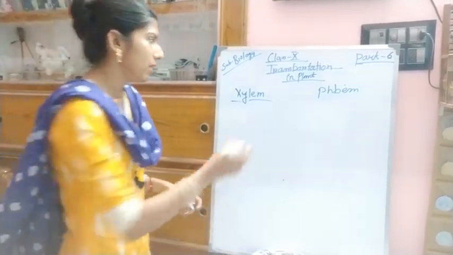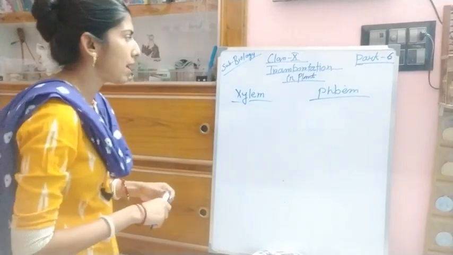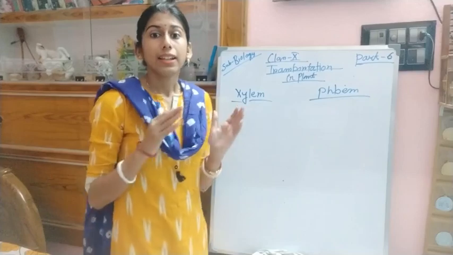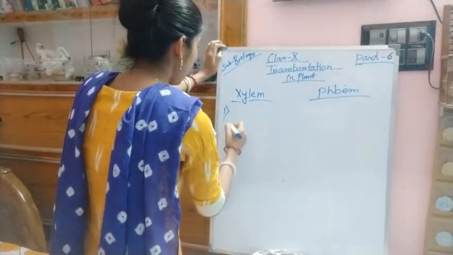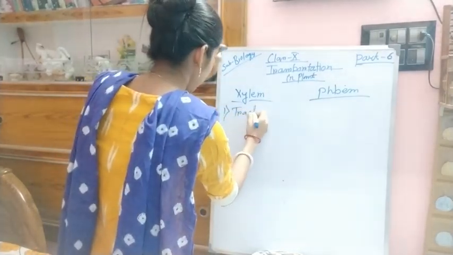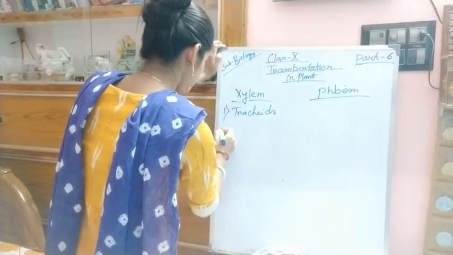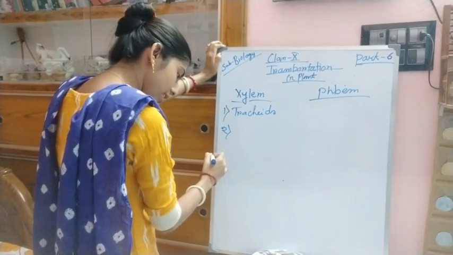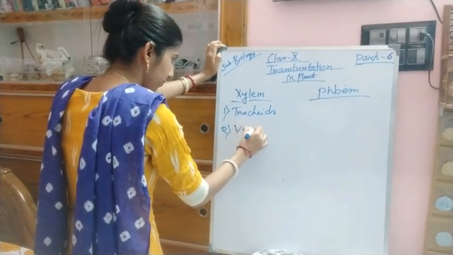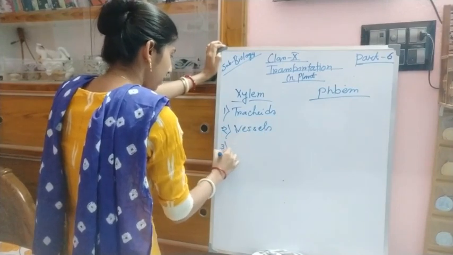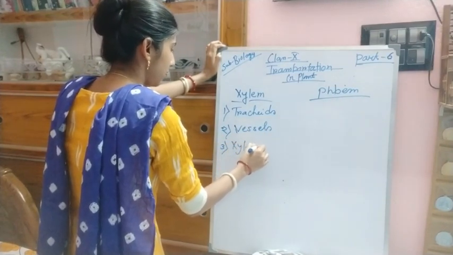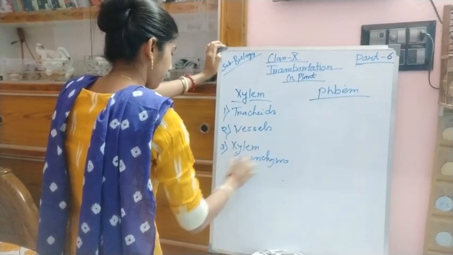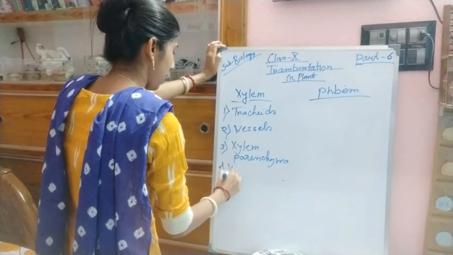Now we have to know what are the different parts of the xylem. Xylem and phloem both have 4 components. What are they? In case of xylem, the first one is tracheids, then vessels, then xylem parenchyma, then xylem fiber.